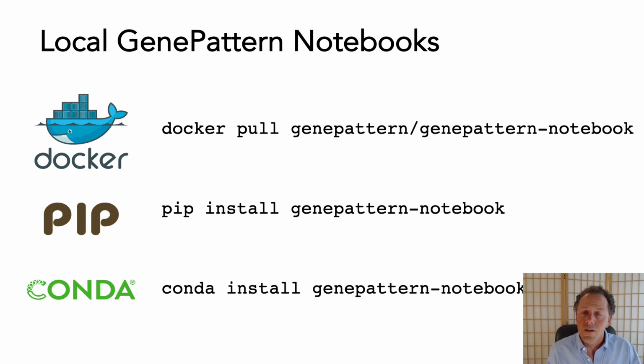If you do want to install GenePattern Notebook locally as an extension to your own Jupyter system, you can either grab our Docker image, which contains a complete Jupyter plus GenePattern installation, or you can install using the pip or conda package managers. Two notes here, we also have a Docker image for the notebook repository, so people can host their own GenePattern notebook repositories. And also, you don't need to have your own GenePattern server in order to run the GenePattern Jupyter extension. It will connect to any GenePattern server on the internet.